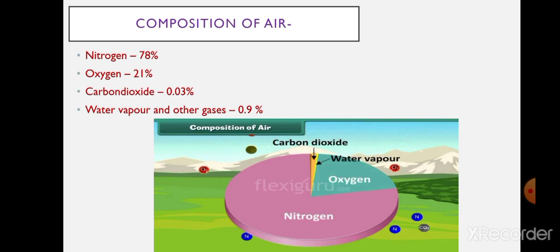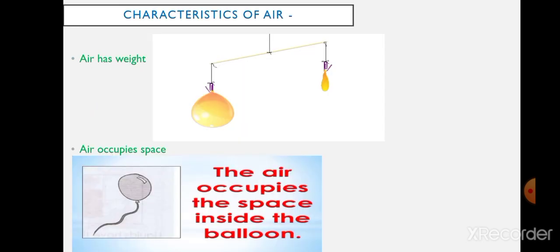The amount of nitrogen in air is 78%, oxygen is 21%, carbon dioxide is 0.03%, and water vapor and other gases are around 0.9%.